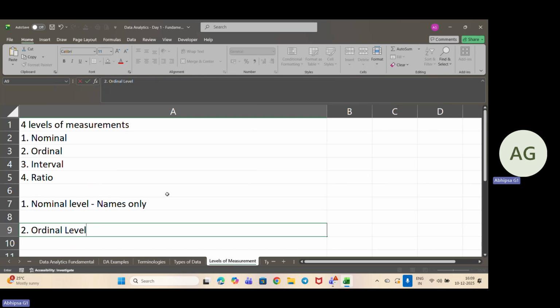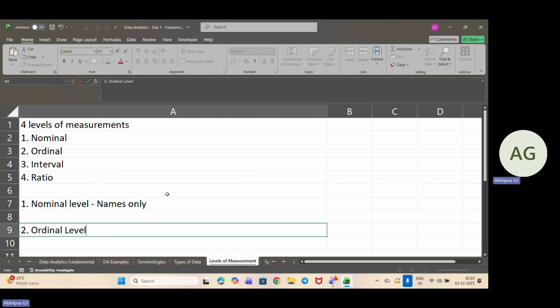Take the size of a t-shirt: small, medium, large. We can understand that small is smaller, medium is in the middle, and large is larger. But we can't get the exact difference in number between them.